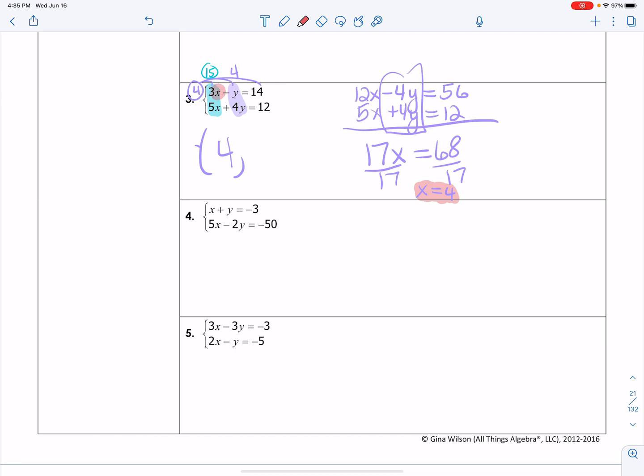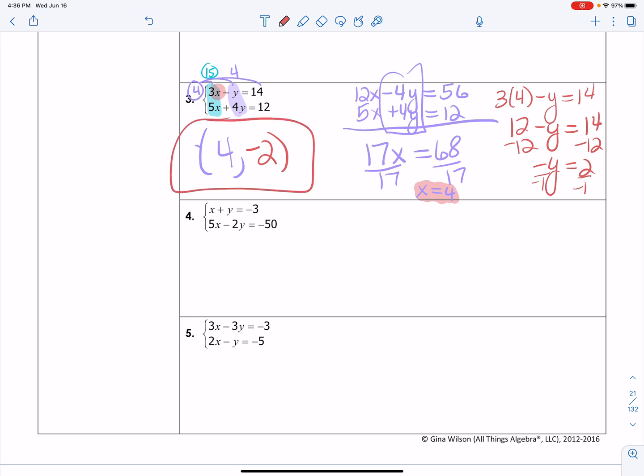I'm going to put it right there, and it doesn't matter which one you put it in for. So I'm going to do 3 times 4 minus y equals 14. Well, 3 times 4 is 12. I'm going to subtract 12 and subtract 12, and a negative y equals 2. Divide both sides by a -1, and y equals a -2. So that is my answer.